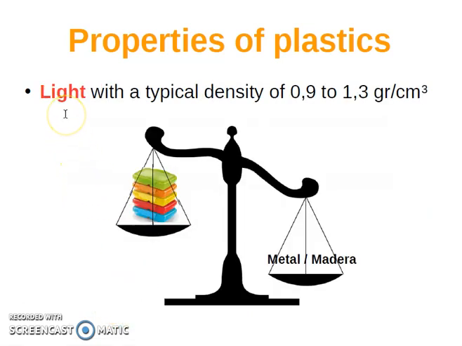Light. We can consider plastic as a light material, lighter than metal and wood, for example, with a typical density of about 0.9 to 1.3 grams per cubic centimeter, depending on the type of plastic.